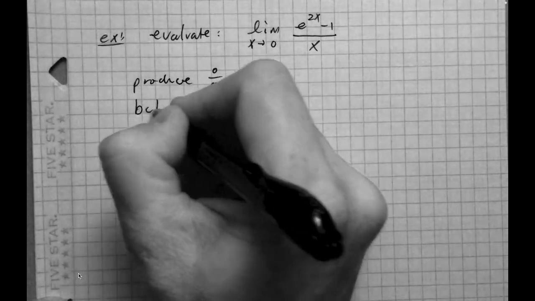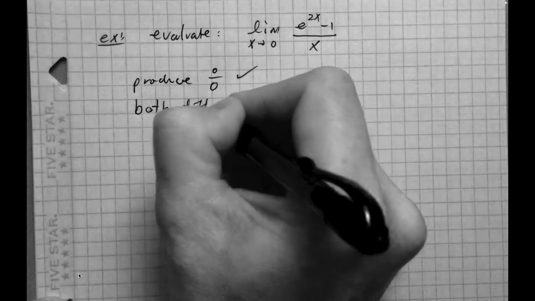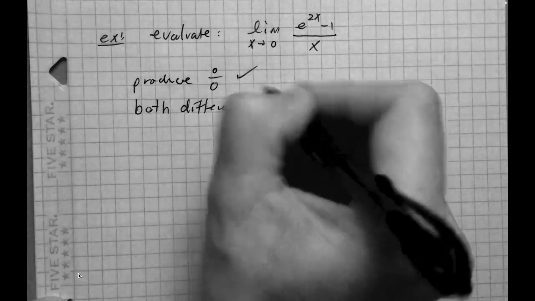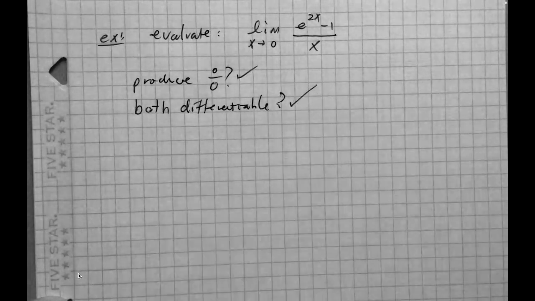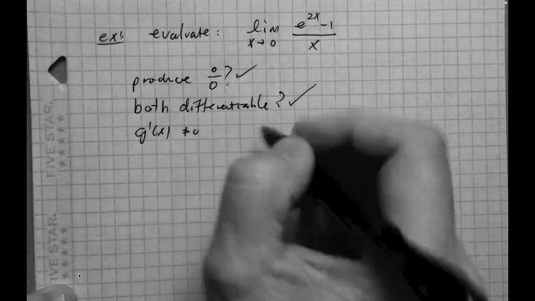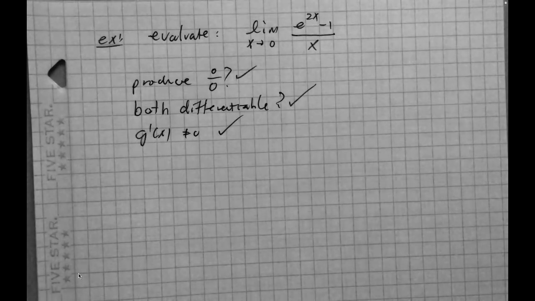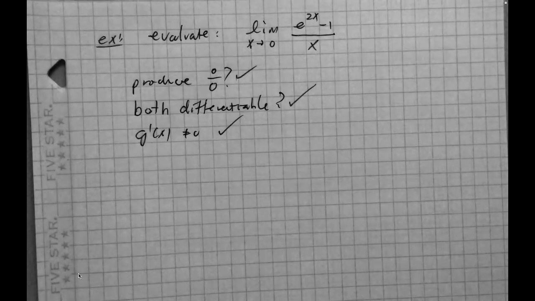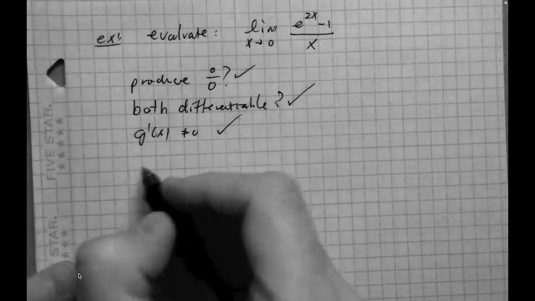Both differentiable, right? Check. g prime of x non-zero, check. Okay, that's what we need, right? Those are the pieces that we need, and so this means we can use L'Hopital's rule.